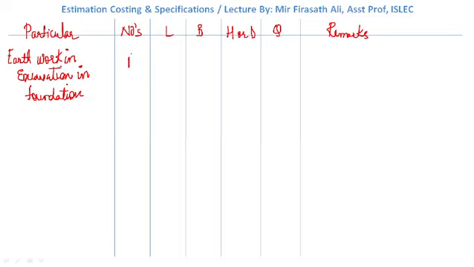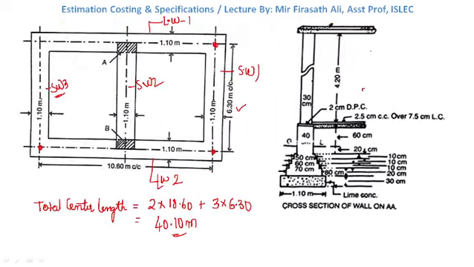As there are no separate long wall and short wall, we have already clubbed that value altogether. So, what we need to do here? We need to find out the length. How to determine length? Look at over here. Length is equal to the total center line length, which is 40.10, which we have determined in our previous slide.